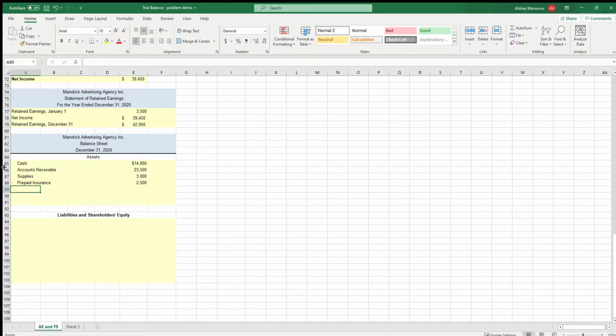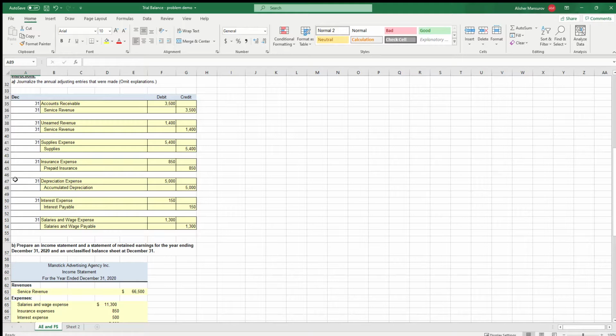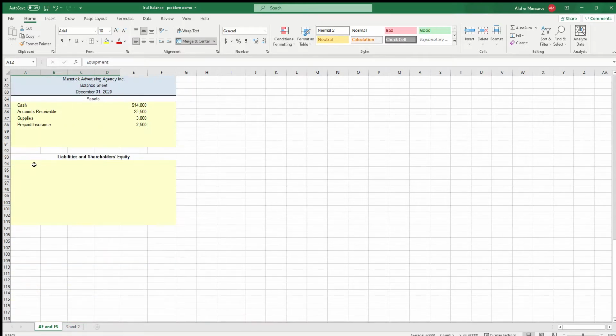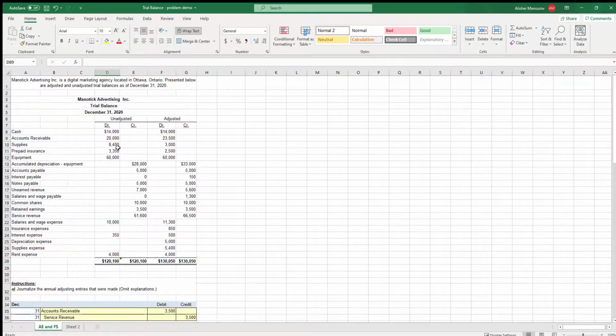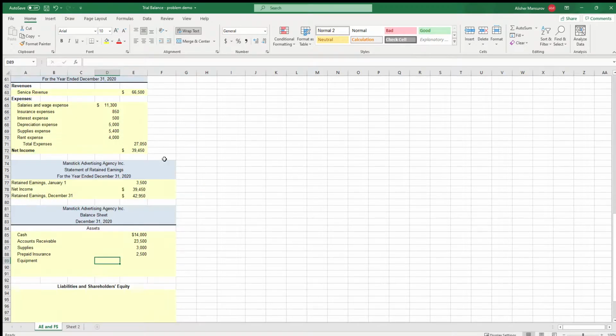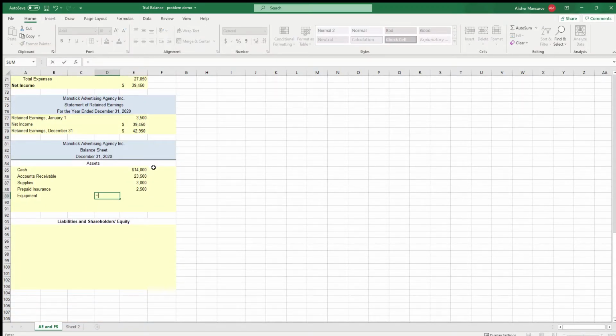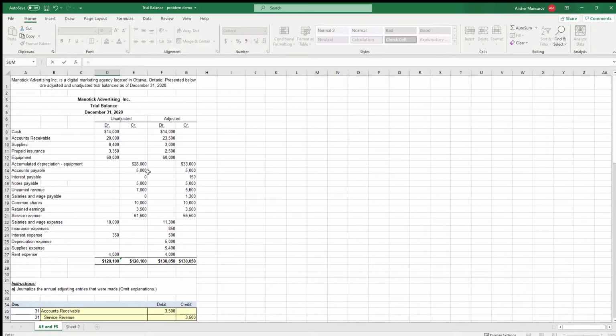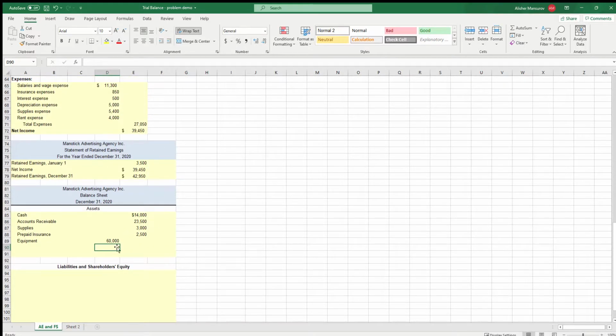Next we have, it looks like we have equipment, which is a longer-term asset. So equipment. The balance there was 60,000. So we'll put it here because we'll adjust the equipment balance by its accumulated depreciation, and we'll put the net figure for equipment.